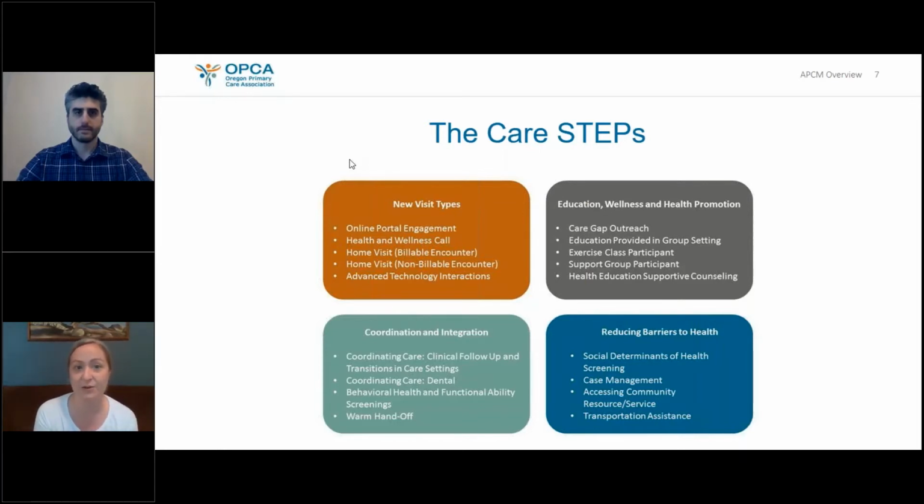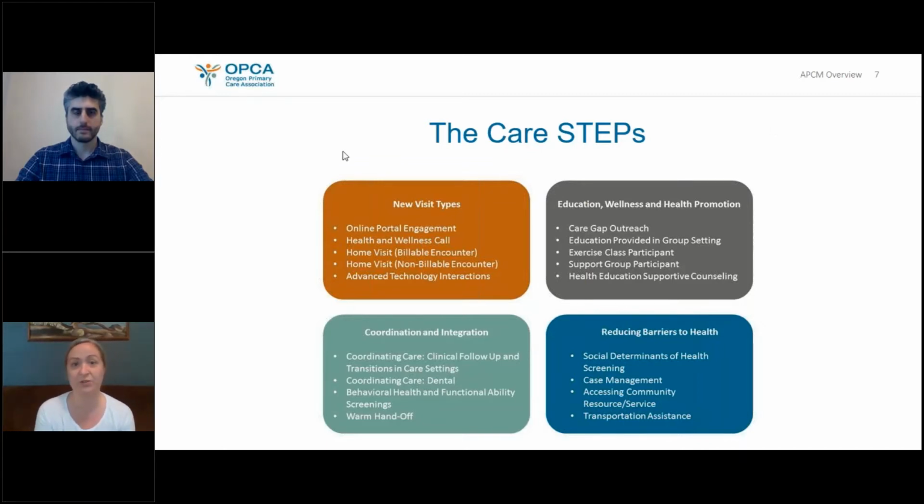Within the new visit types bucket, we have online portal engagement, health and wellness call, home visit billable encounter, home visit non-billable encounter, and advanced technology interactions. That's the new visit types. Then within coordination and integration, we have coordinating care, clinical follow-up and transitions in care settings, coordinating care dental, behavioral health and functional ability screenings, and warm handoffs.